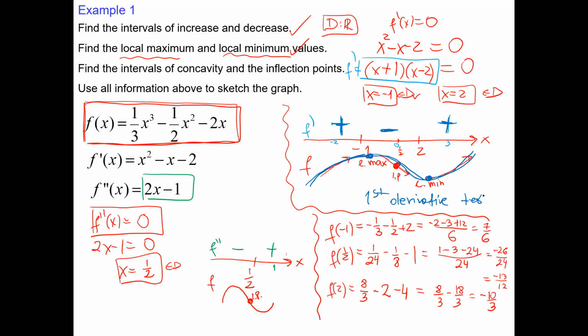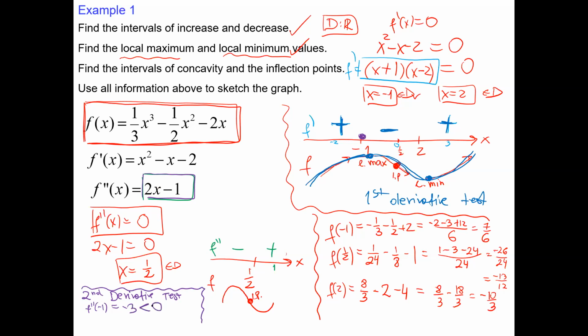Okay, I will try to squeeze in the second derivative test. We didn't use it because we don't have to, but we can try. Since the second derivative is 2x minus 1, when I take our critical point -1, the second derivative at -1, 2 times -1 is -2 minus 1 is -3.